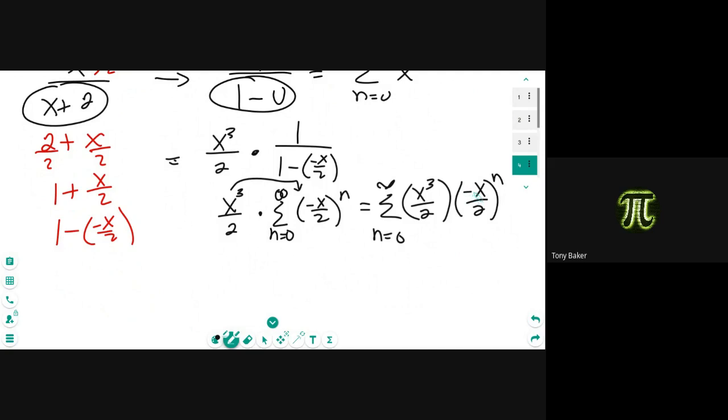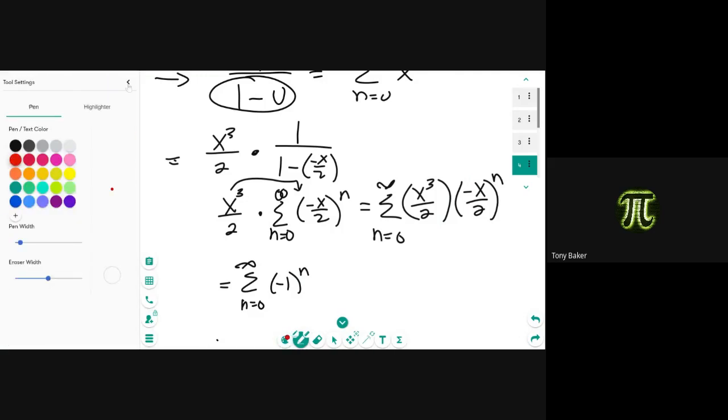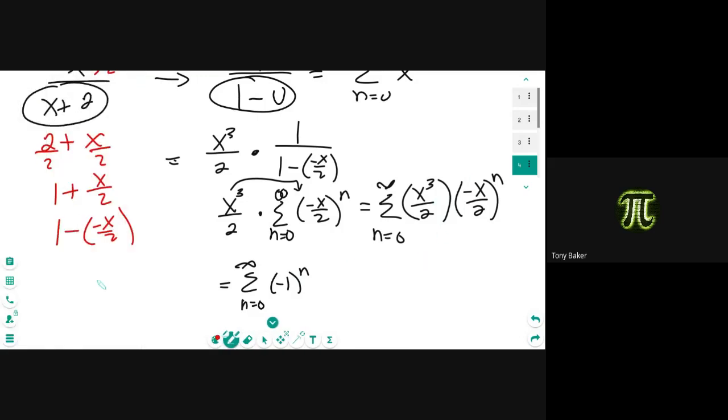The negative sign, negative 1 to the nth power, just comes out. Now I have x to the third times x to the n, which becomes what?